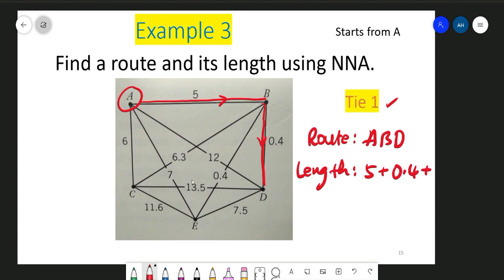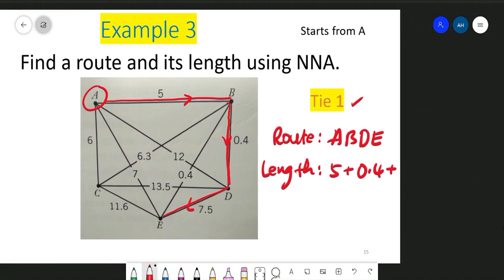The distance here is 13.5 and 12. 12 we cannot use yet because that is returning to the original point A. So we choose between 7.5 and 13.5. Of course 7.5 is smaller, so we choose this way. From D we go to E, and the distance is 7.5.